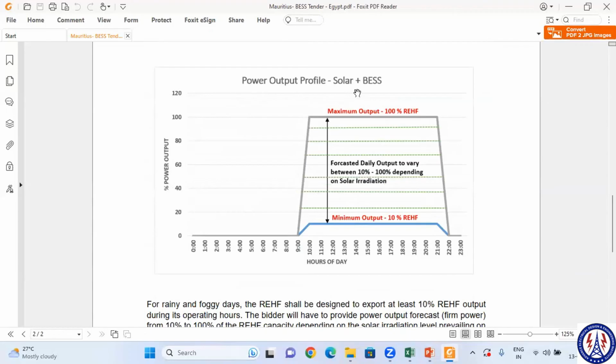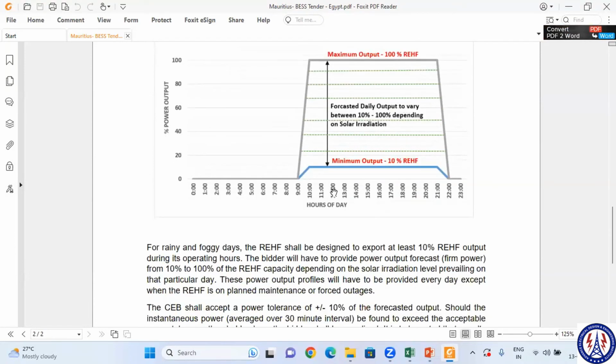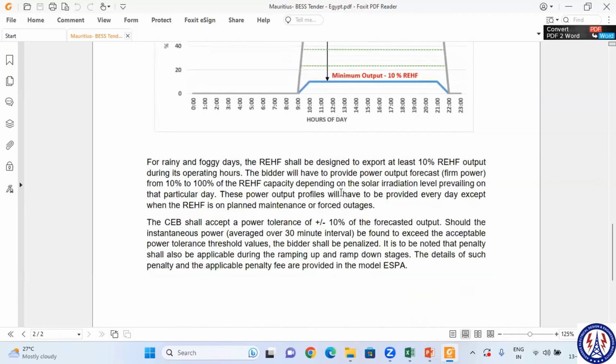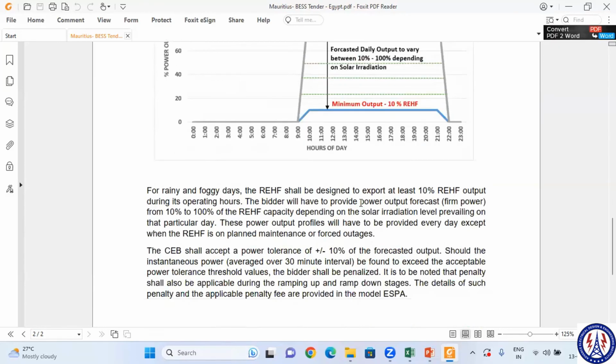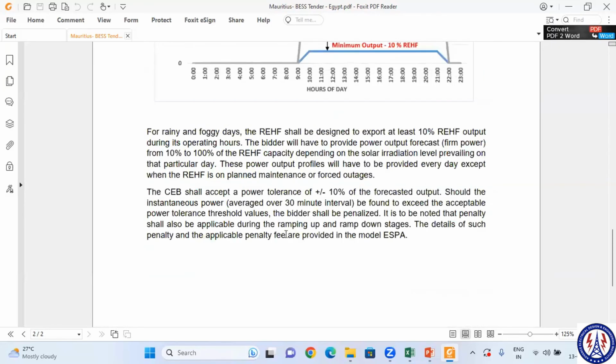Solar plus BESS, morning 9 to evening 10, right? This is what they wanted to operate. And maximum output 10% of its 100 capacity, and then solar irradiance. But what is the value they are looking at? How much megawatt? They have not marked that figure.